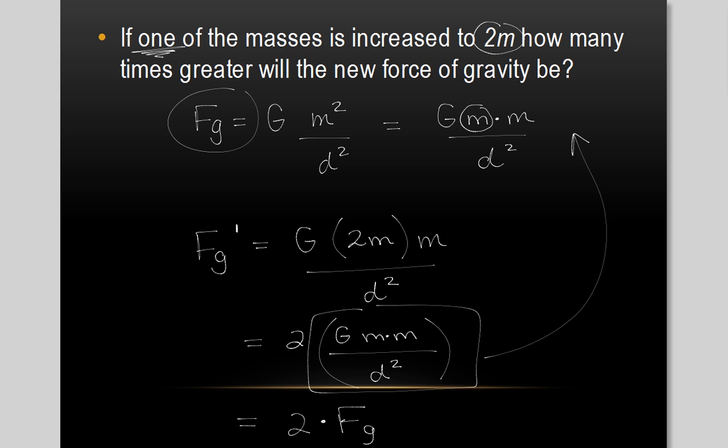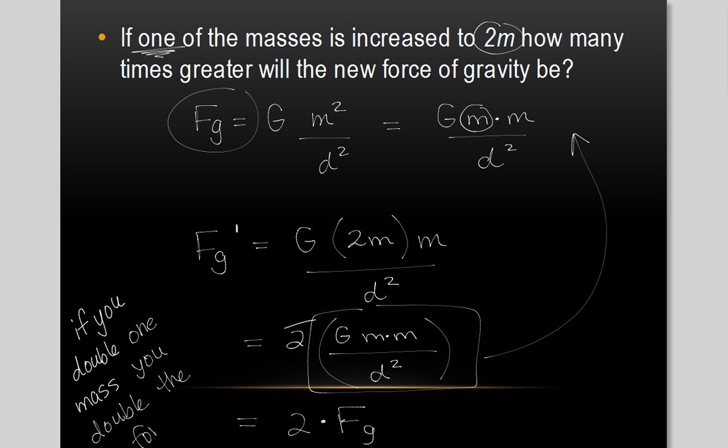So basically you can conclude that if you double the mass, let's be clear on that, if you double one mass, you double the force. We have talked about that in the past. That's called proportional reasoning. That's called directly proportional. Okay, so if you double a mass, you'll double the force.